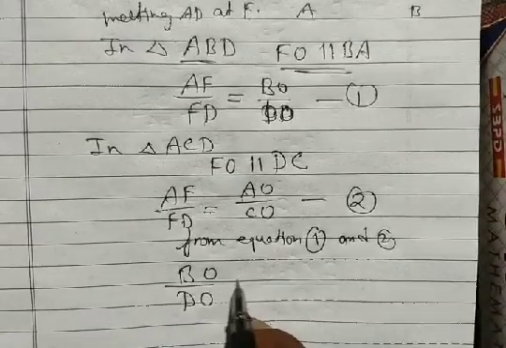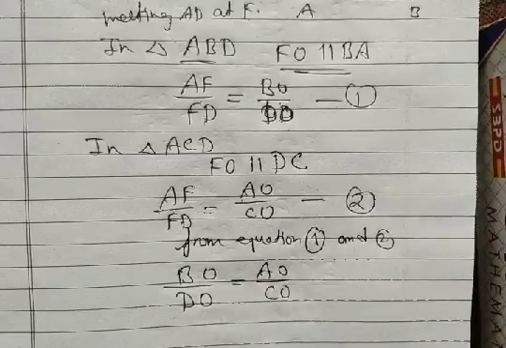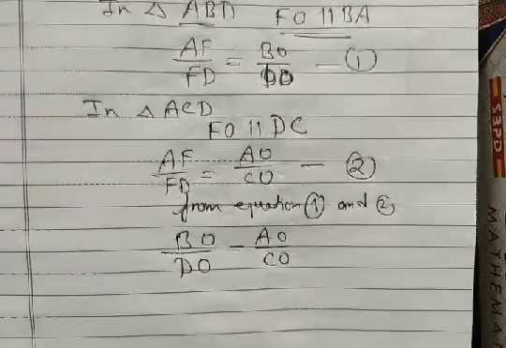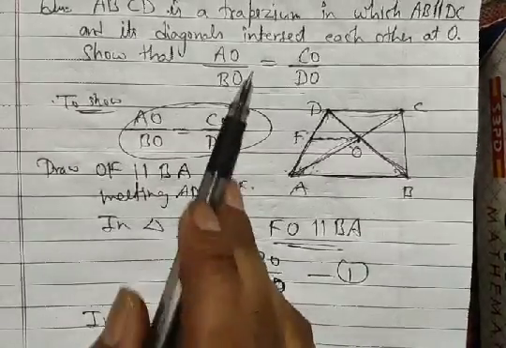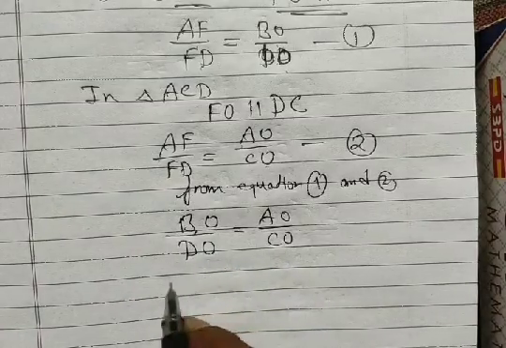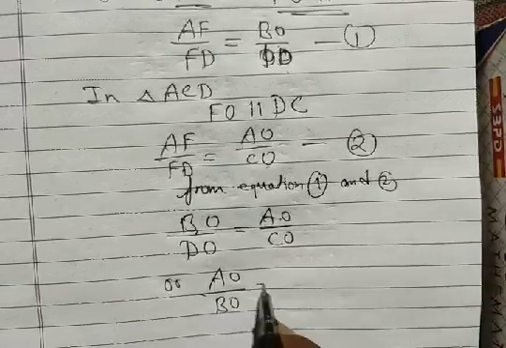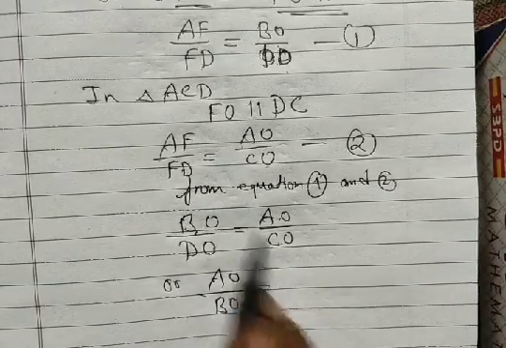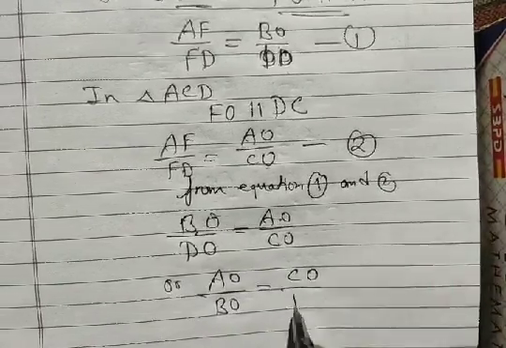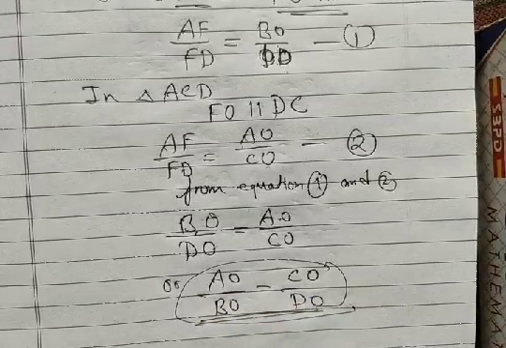BO is to DO equals AO is to CO. Rearranging, AO is to BO equals CO is to DO. This is our required result.